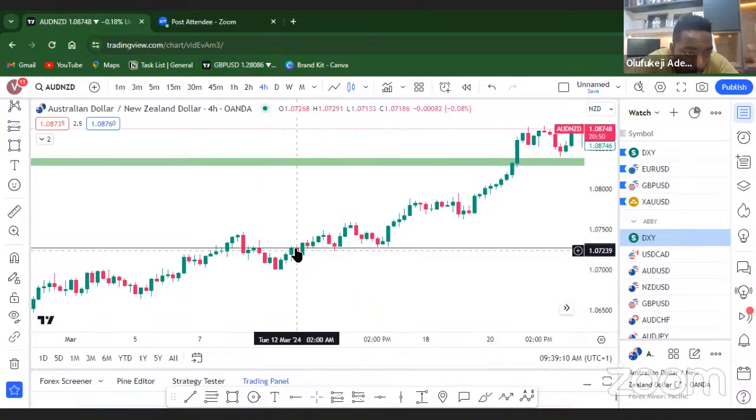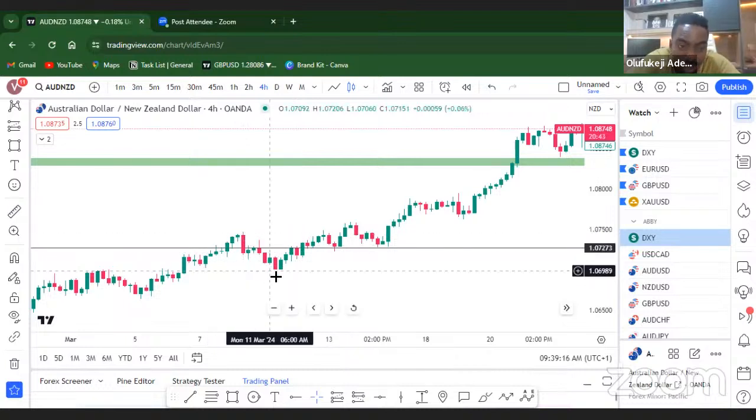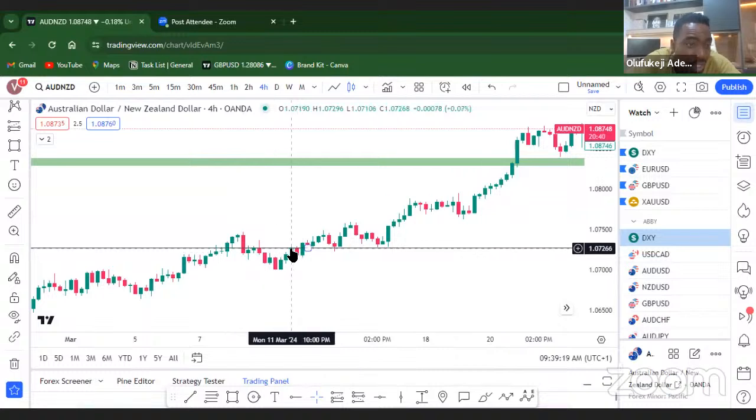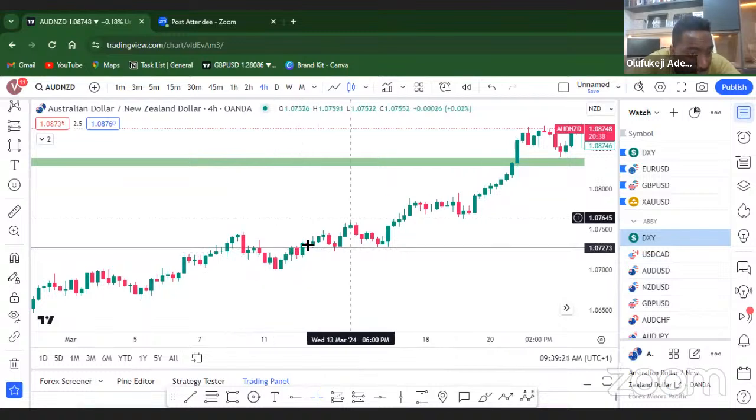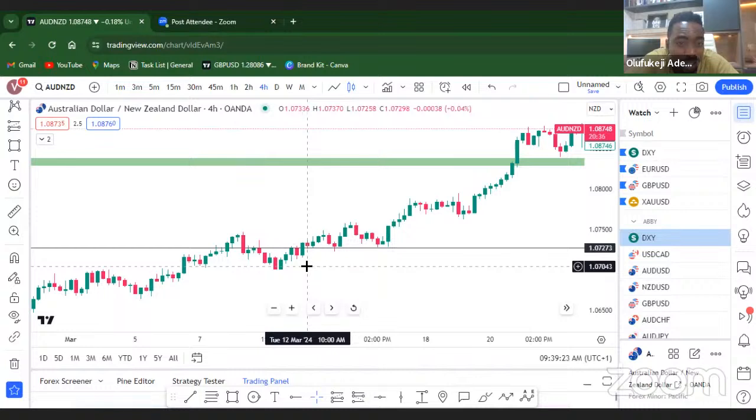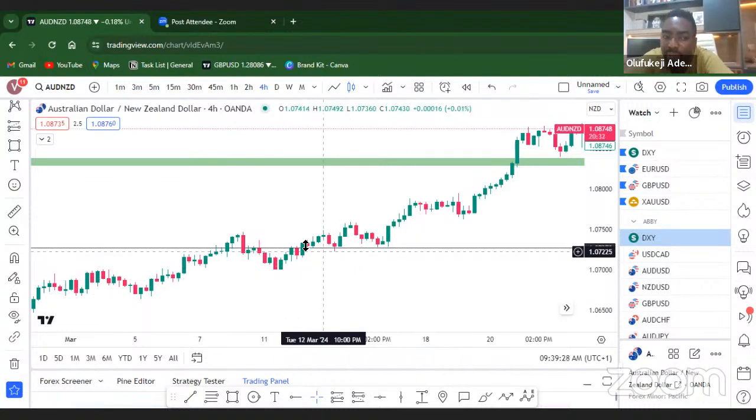So do you see the shoulder before it? Do you see the sweep? Do you see the return to the fair value gap? Then do you see the break of structure? So as price tapped into 1.0725, what should have happened?